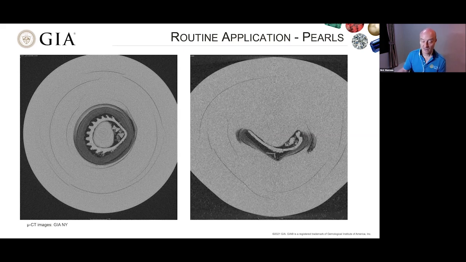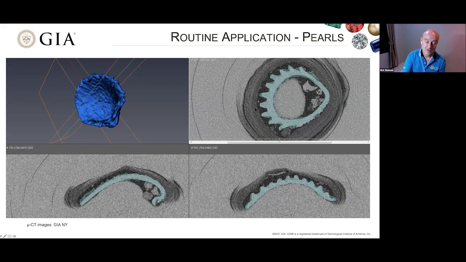It's another shell. And what we did with this one is we actually submitted it to some further analysis. We used some data processing on it using special software. And you can see that we could get the outline and the actual structure of the shell. And the 3D imagery of it showed a very nice scallop-like shell.